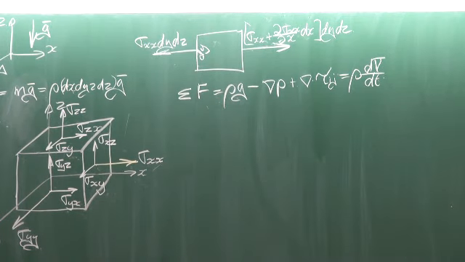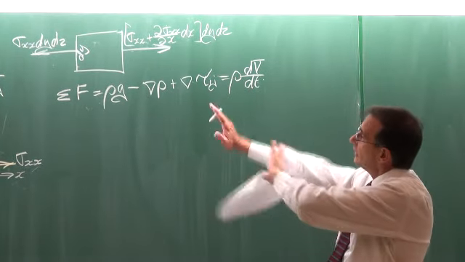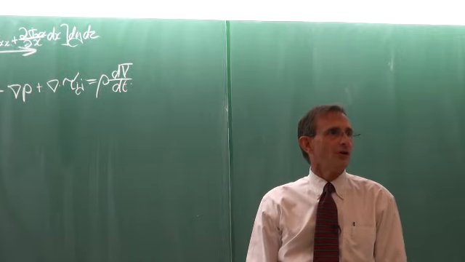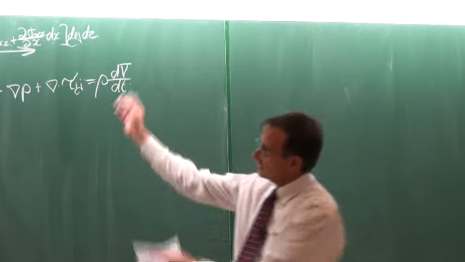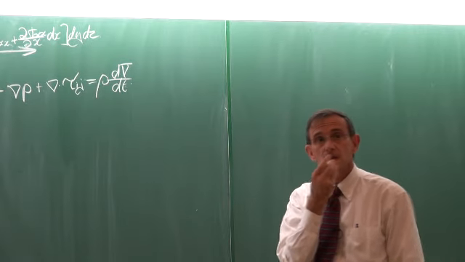So that would be all the forces working on the control volume. I can understand if you feel a little bit lost now. Obviously, it takes some time and quite a number of terms that you need to put into this to get it.